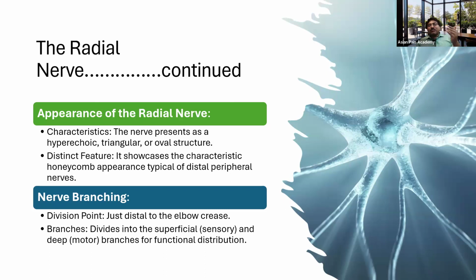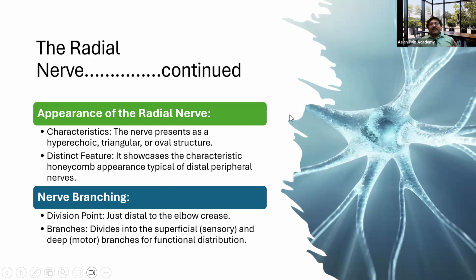Here, as there are muscles around the radial nerve, it will look like a comparatively hyperechoic area with honeycombing. That is the typical pattern of the nerve. But remember, not in all cases. But for the radial nerve, it should be the honeycombing pattern.